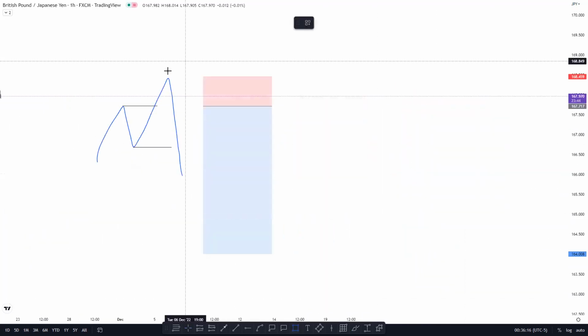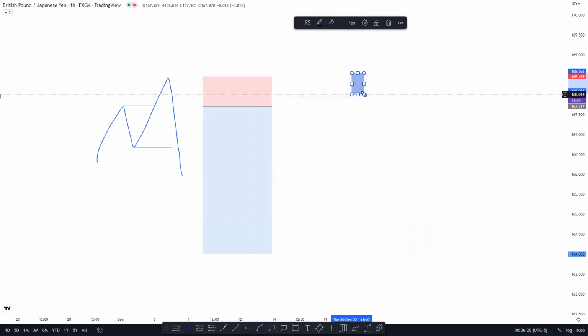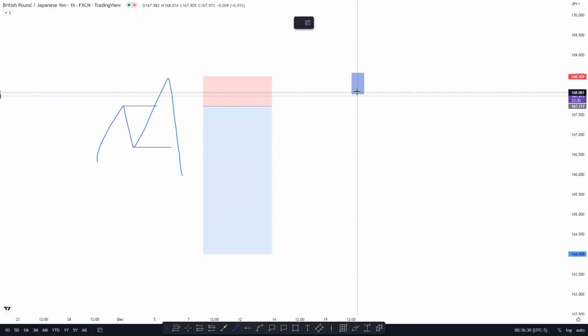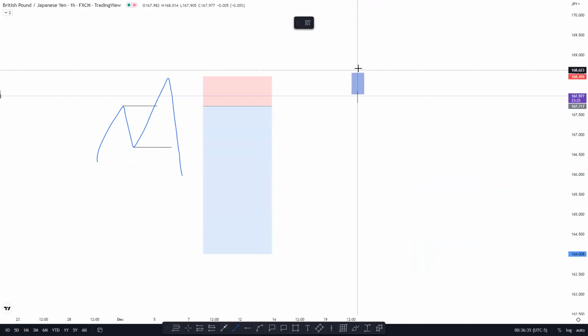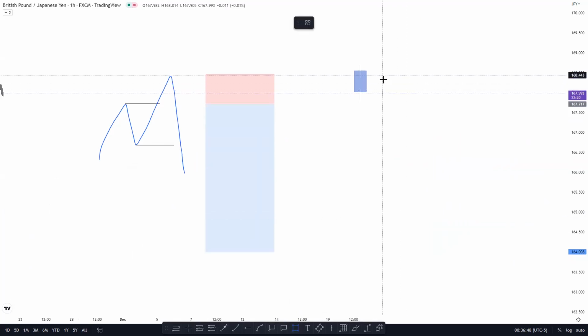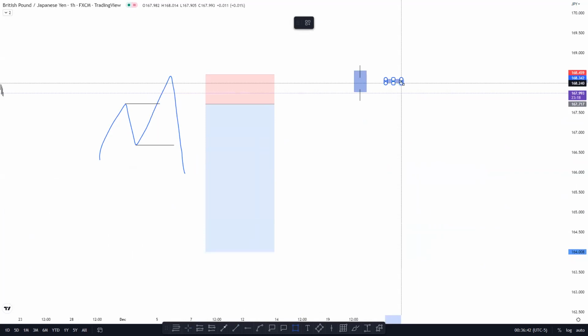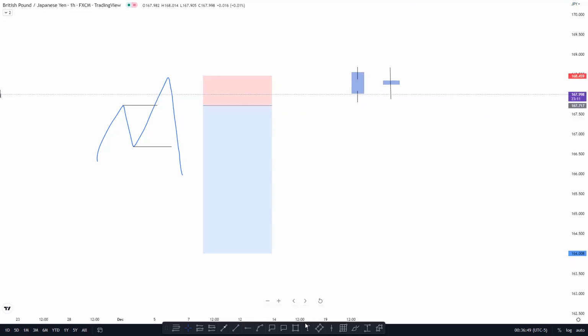And in here, we look for a doji kind of candle or a candle with a FVG here, like this kind of candle. This kind of candle.